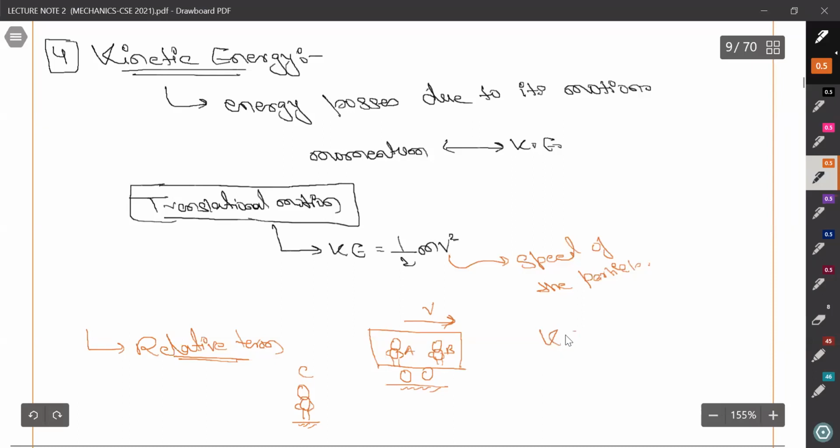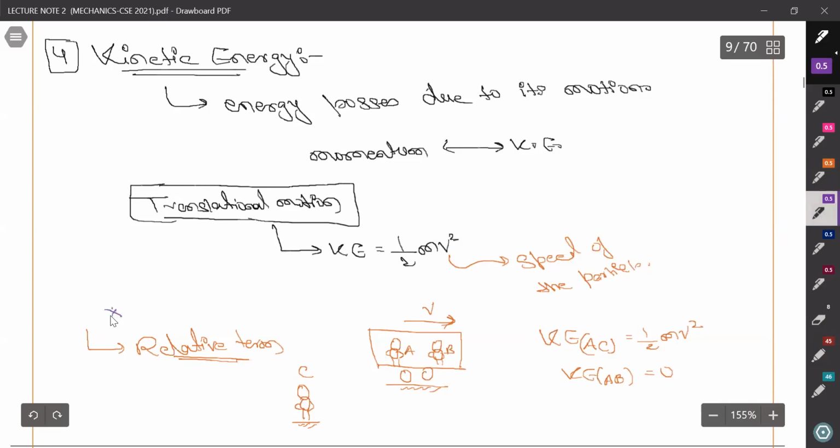The kinetic energy of A with respect to C is half mv square, considering m to be its mass, but the kinetic energy of A with respect to B is 0. This is very important.